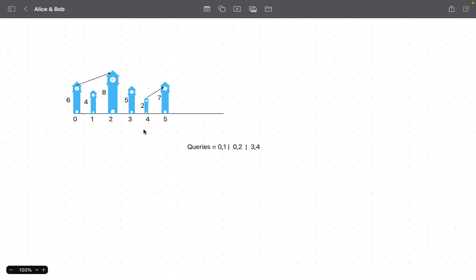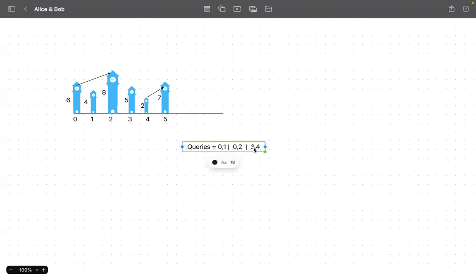For the second query, Alice is at the 0th index and Bob is at the second index. Where can they meet? 6 can move to 7 or 8. These two are the options where 6 can meet. And 8 can be at 8 itself, and 6 can move to 8. So both of these can meet at this point, right?